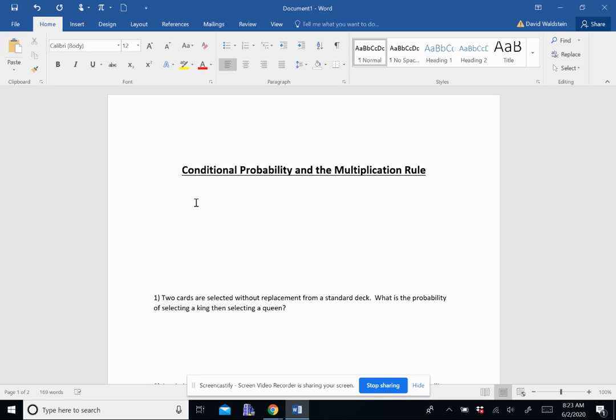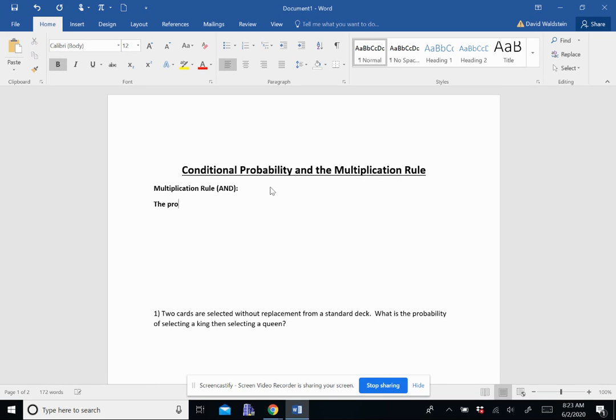All right, today we're going to talk about something called the multiplication rule. And this is also known as the AND rule. So basically, it's the probability that something and something else will happen.